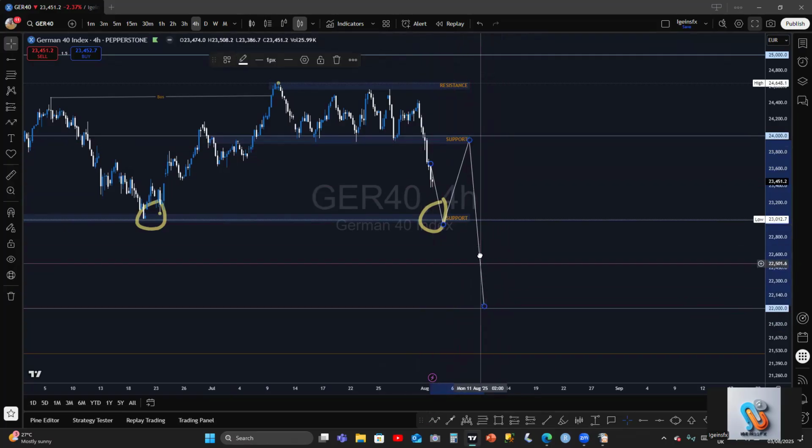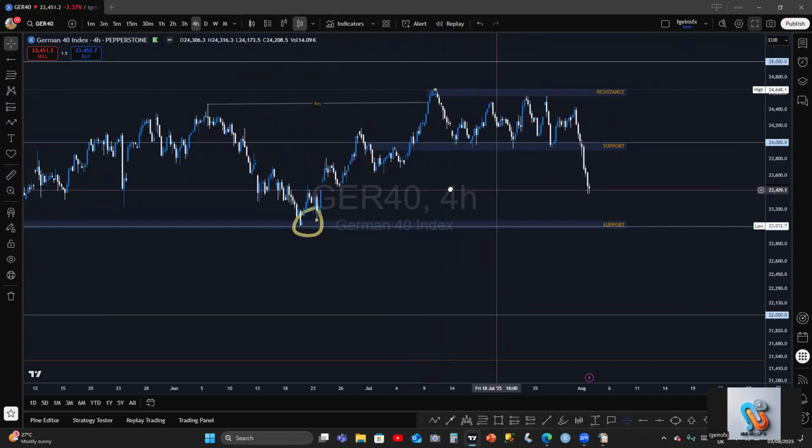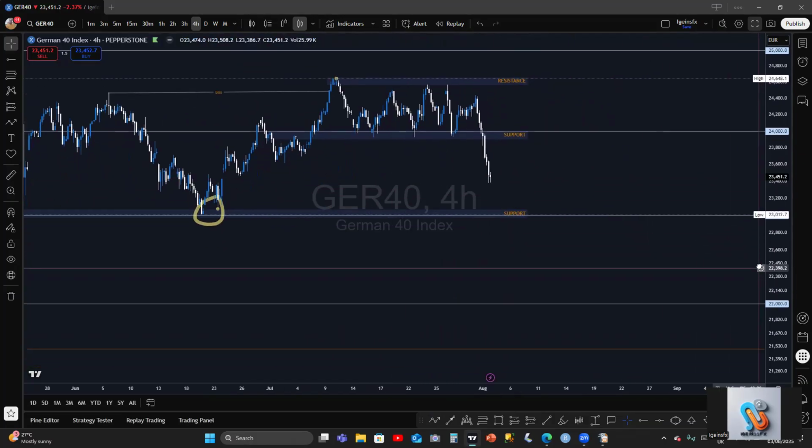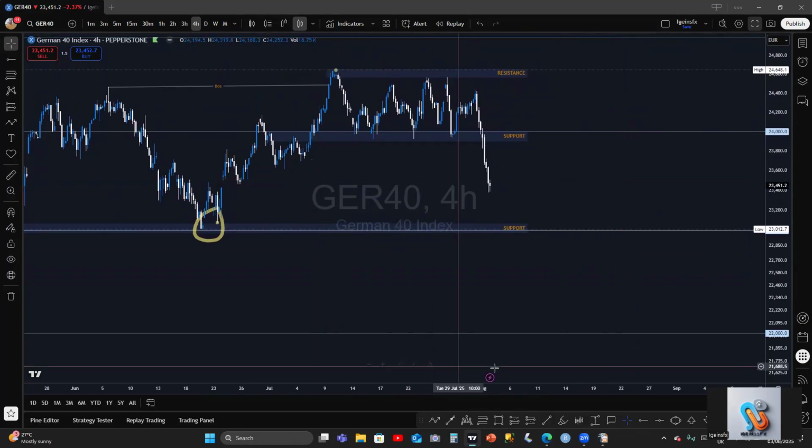Or price gets to this point, then starts pushing back to the upside. So we are just going to wait to see what price will give us from here. Okay, that's how it stands now.